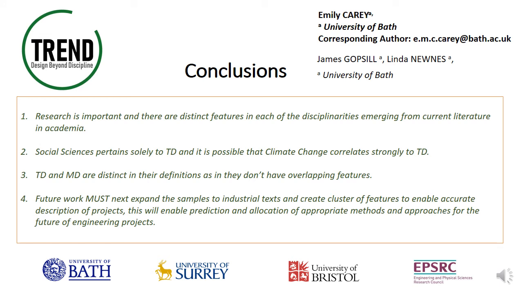Findings demonstrate that there is a distinct separation in the minds of researchers about the differences between multidisciplinary and transdisciplinary work. The features of transdisciplinary and interdisciplinary work are much more convoluted, and this is an area that research could support to provide more clarification.